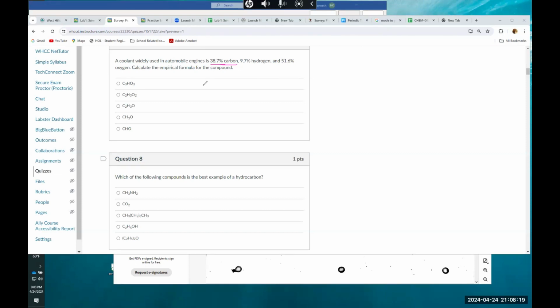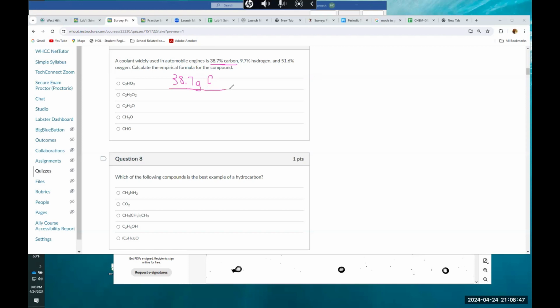So let's make an assumption. If this represents 100% of our coolant, and we had 100 grams, how many grams would be carbon? It would be that percentage, 38.7. So let's assume we have 38.7 grams of carbon.